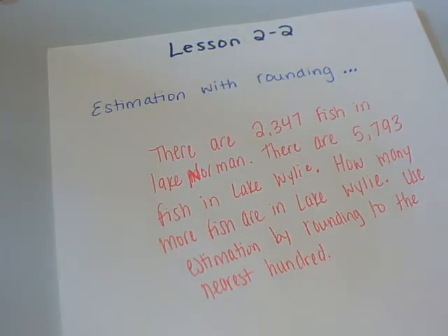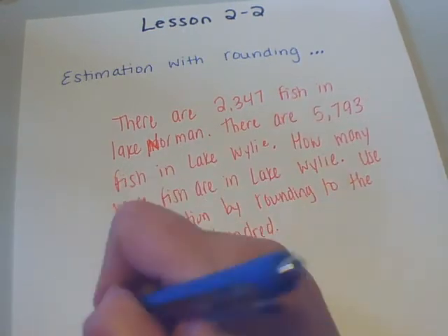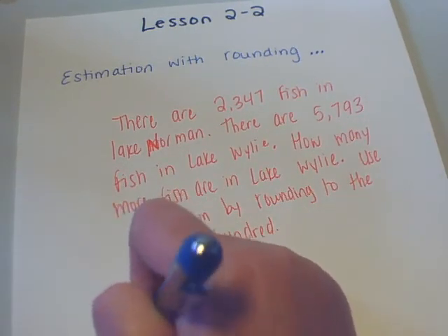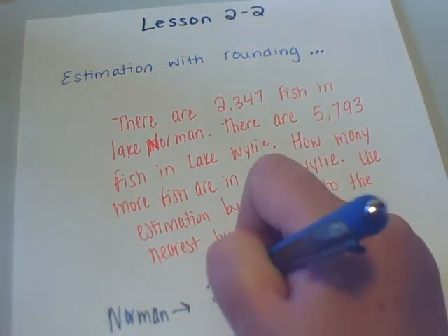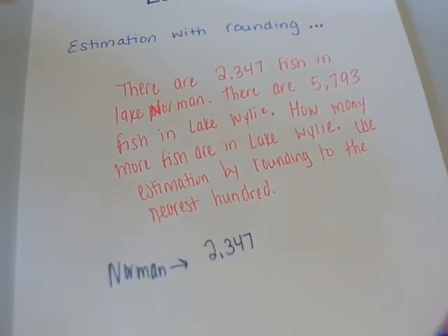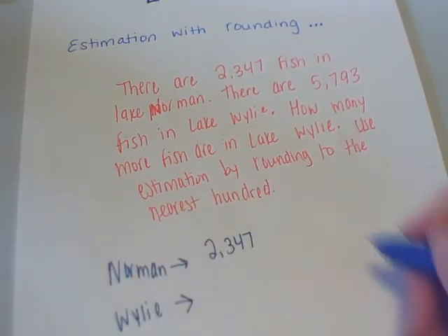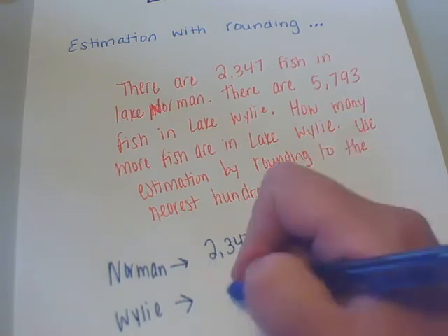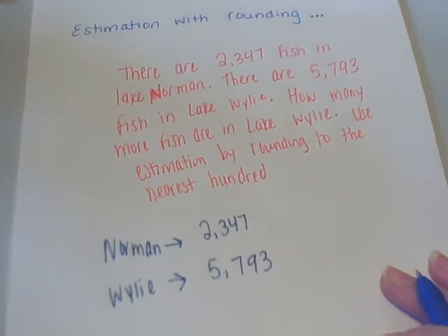Okay, so a few things in here. I know that in Lake Norman, there are 2,347 fish. And I know in Lake Wylie, there are 5,793 fish.